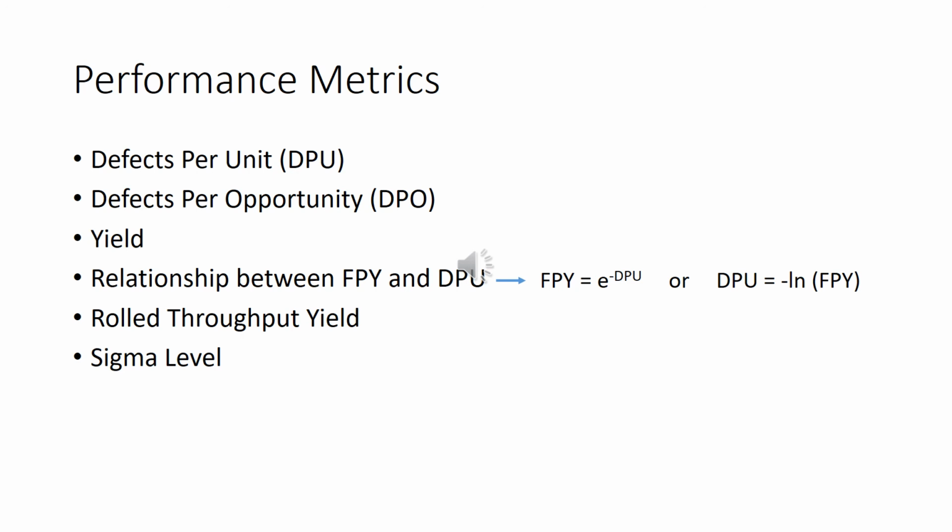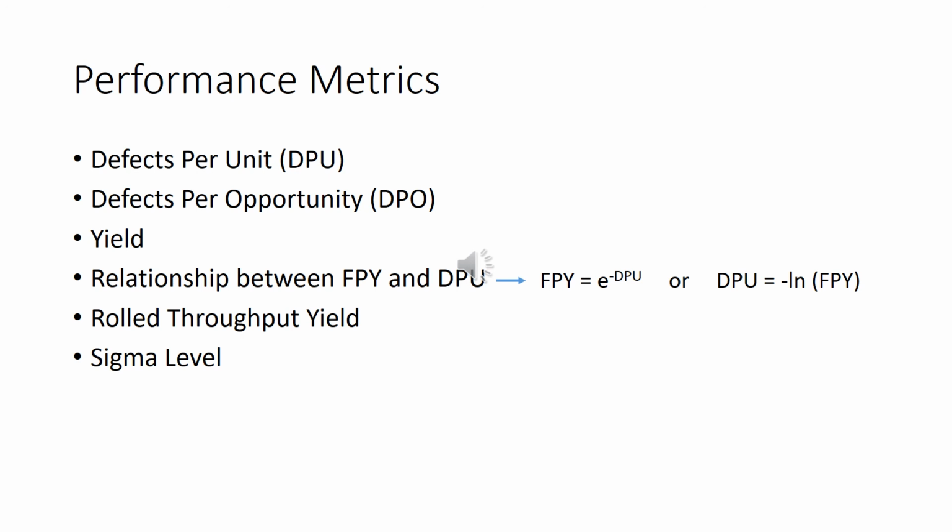So if one's got 5 opportunities to make a mistake, that's defects per 5 opportunities. Another one might be more complex, might have 100 ways to screw it up. So by using defects per opportunity, you can level it, compare apples to apples.